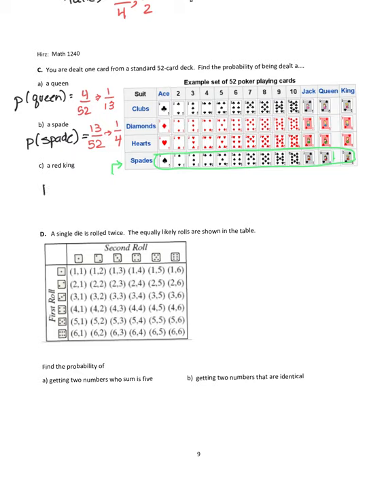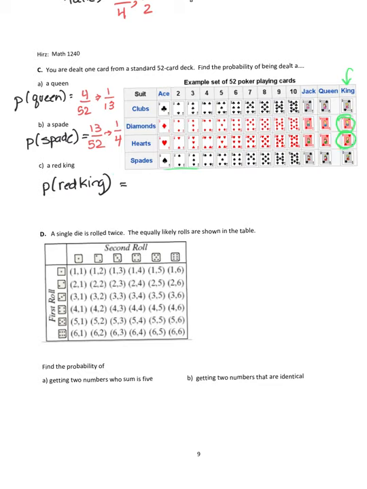Alrighty. What's the probability of being dealt a red king, right? So now we're being specific. If we look at our chart, let's find all the red kings. So let's see, here's kings right here. And I have a king of diamonds, and we have a king of hearts, right?